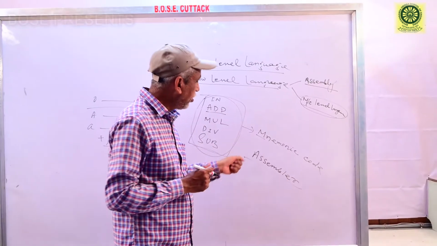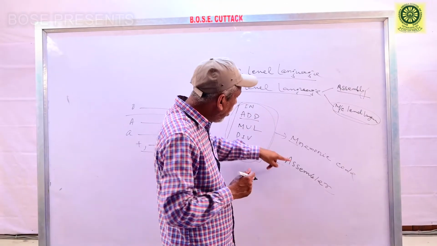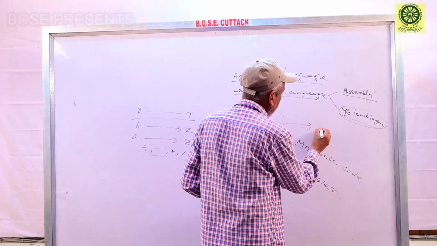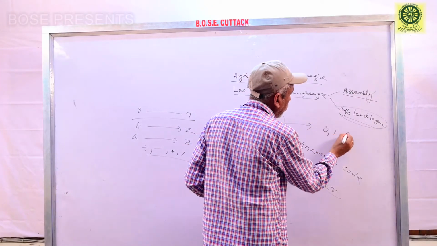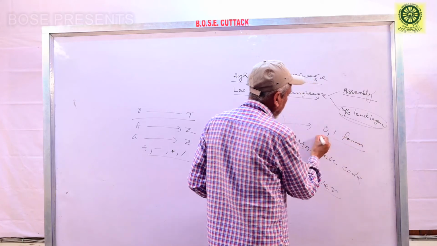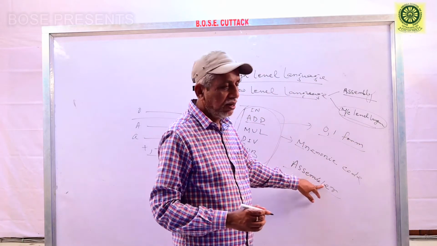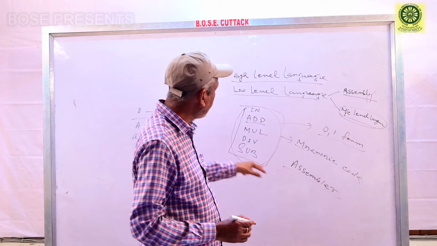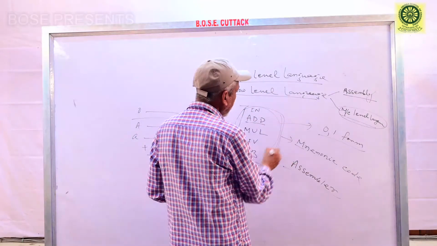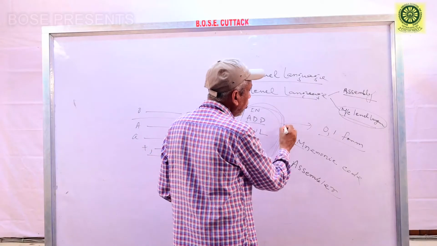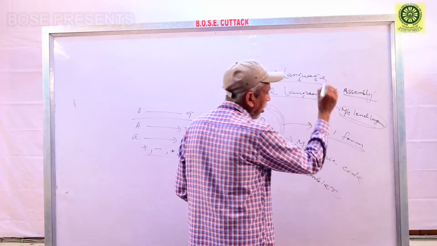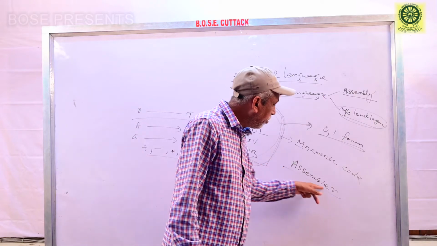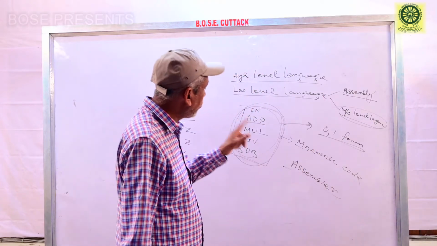So it converts from this form to machine level language, the 0 and 1 form. So an assembler is a translator which converts assembly programming language to machine understandable form. That is called an assembler. It is a software.